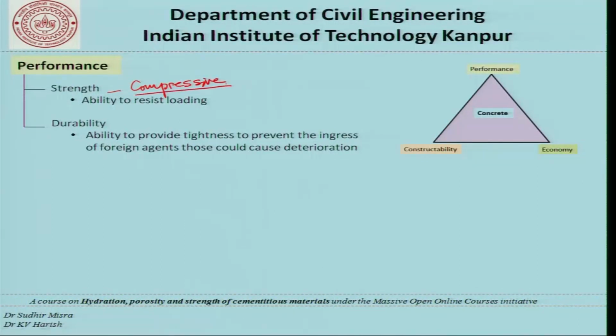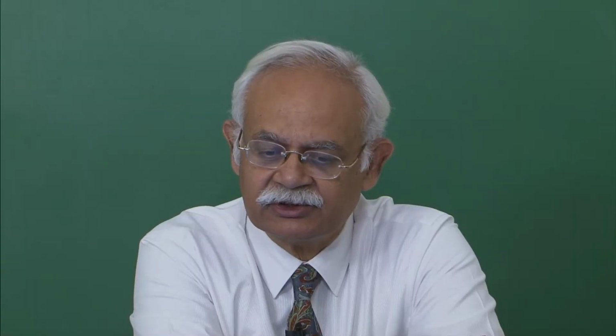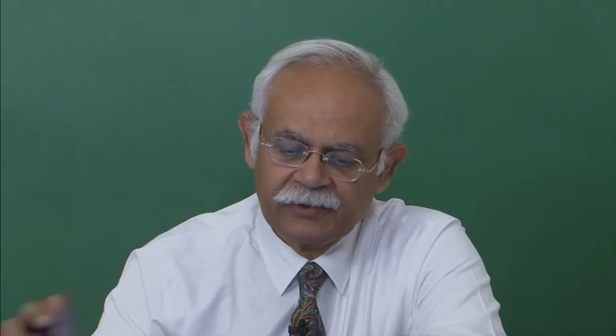Even though we have situations where we are interested in tensile strength or flexural strength, most of the time we are concerned with the compressive strength, and the designers are concerned with the characteristic compressive strength, and those details we've already covered to some extent in this course, and we will also come back to them later on.